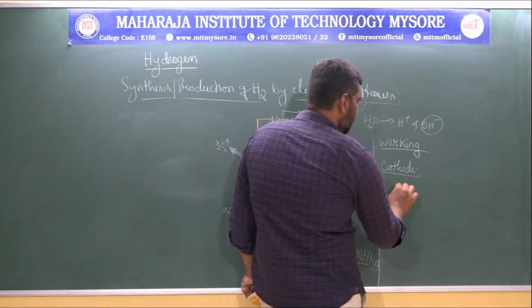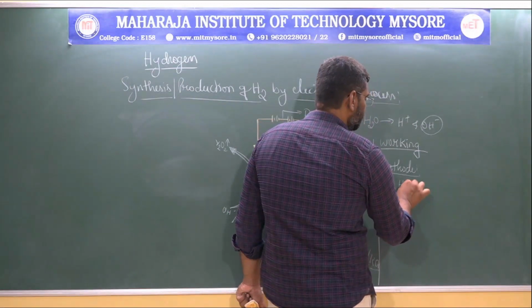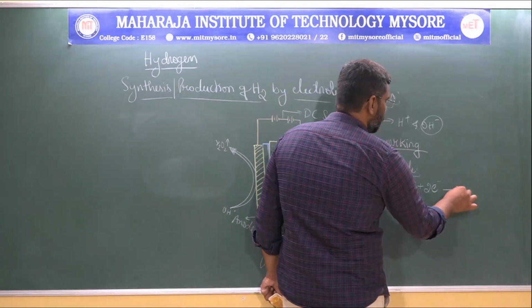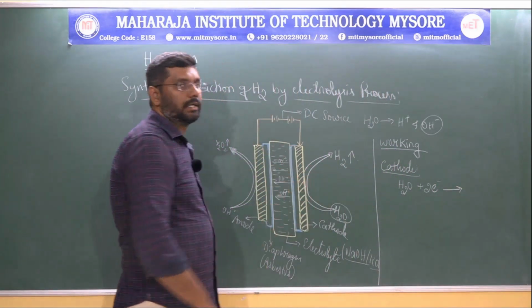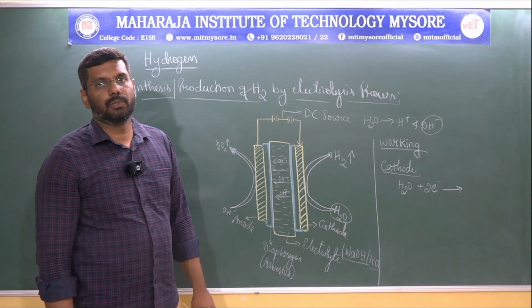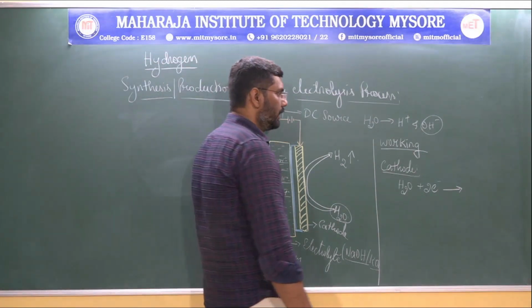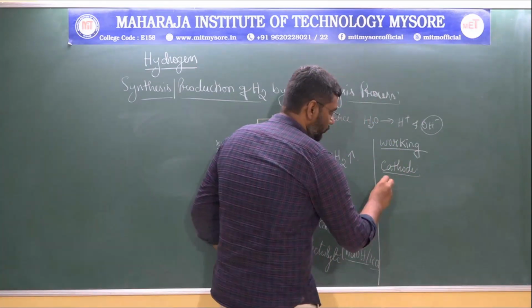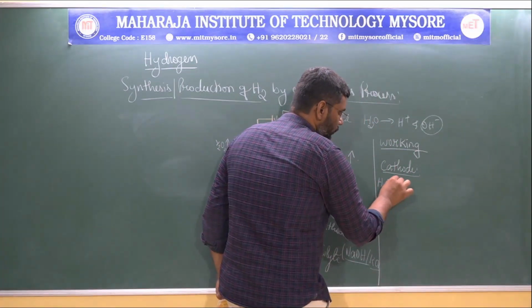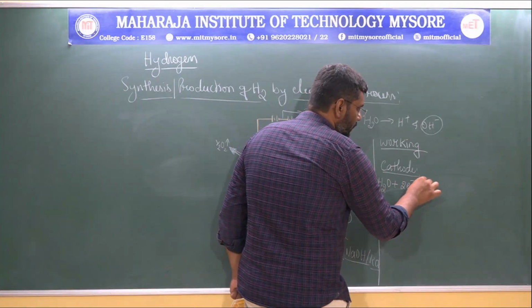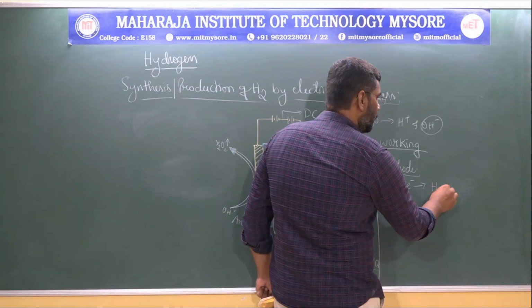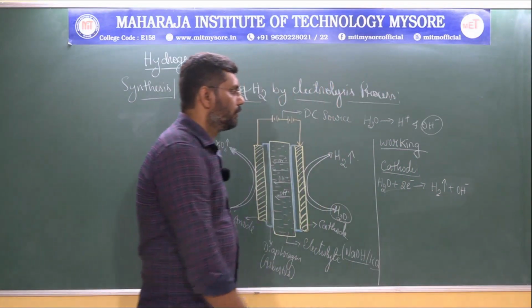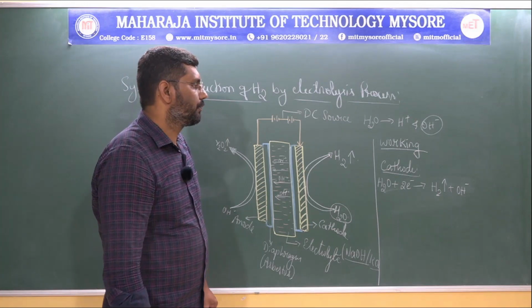In the presence of electrons sent directly through the DC source, H2O along with electrons leads to formation of H2 with OH minus.